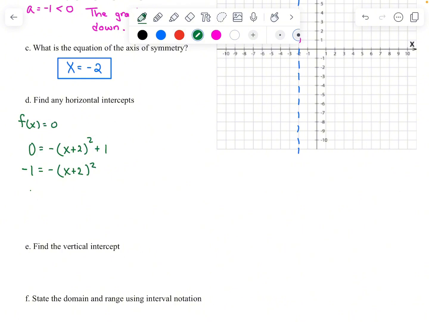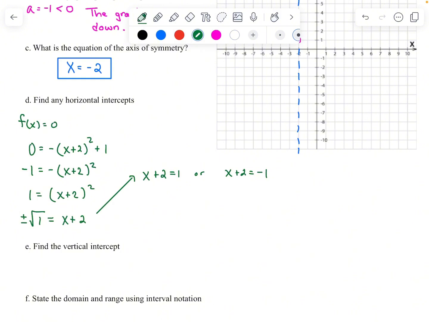Then divide both sides by -1. Then take the square root of both sides. The square root of 1 is just 1, so now we have two equations. We have x plus 2 is equal to 1, or x plus 2 is equal to -1.